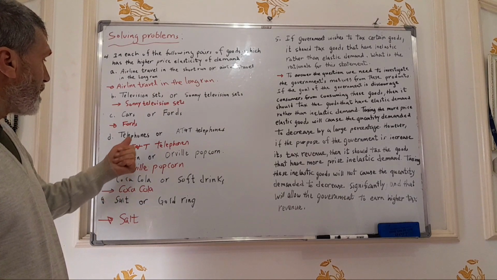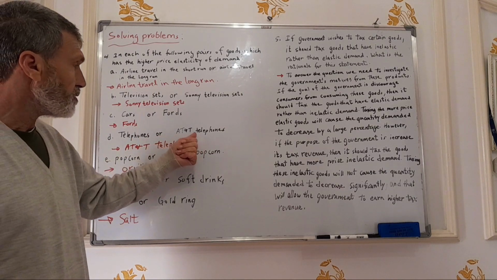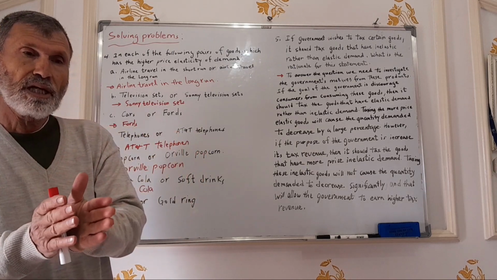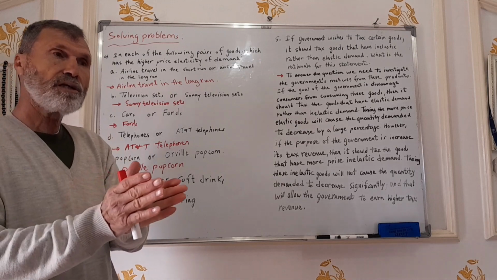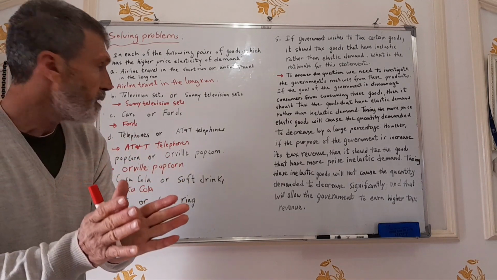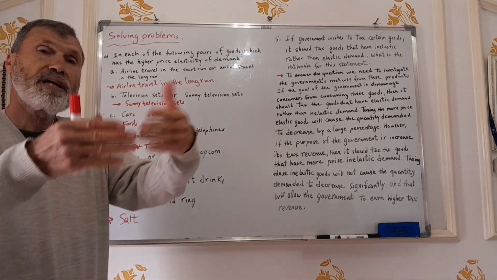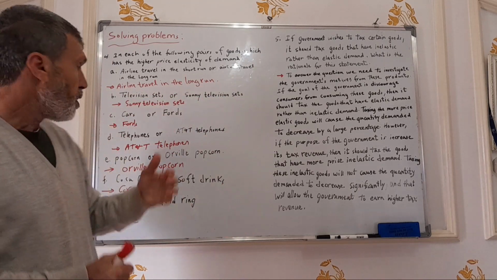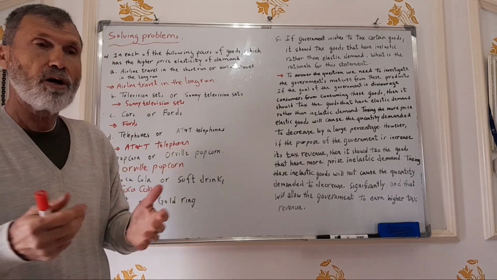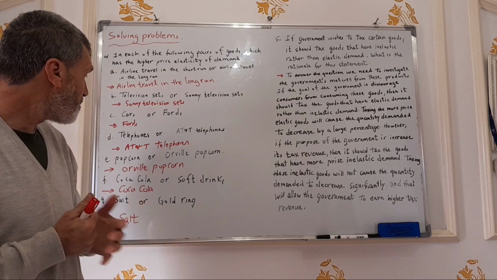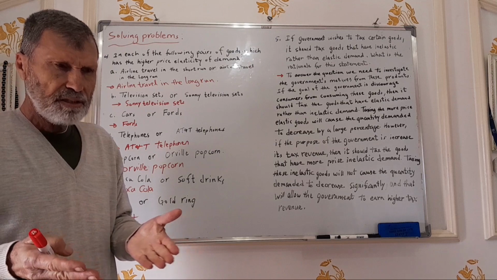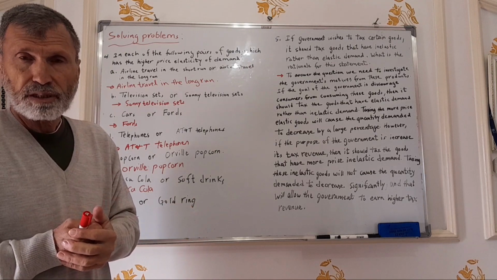Same thing goes with telephones or AT&T telephones. AT&T is a brand of telephones, a kind of way of delivering telephones. However, what substitutes can we have for telephones? Of course, you have very few substitutes.